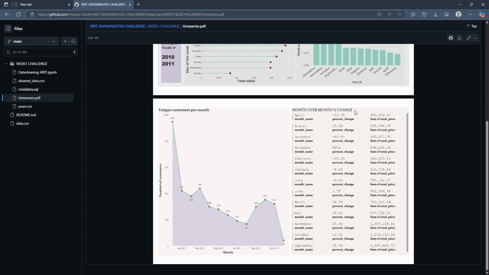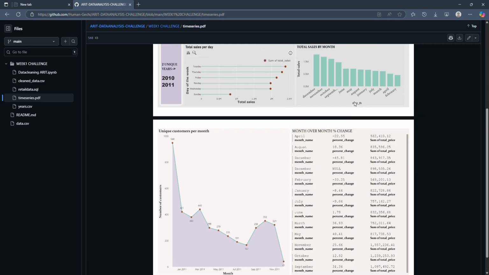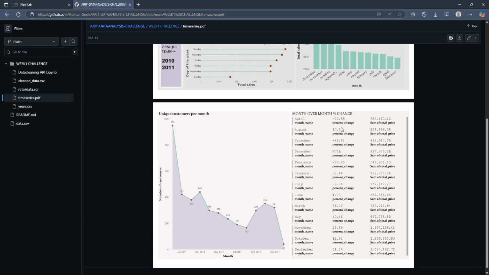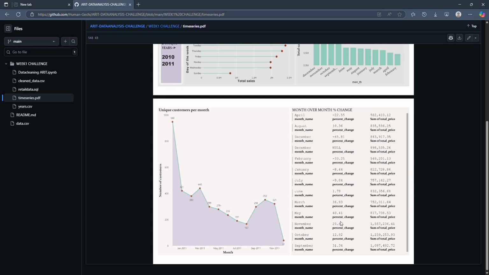On the month-over-month average, there was a steady increase in the total sales per month, with a positive change in November, September, and August.